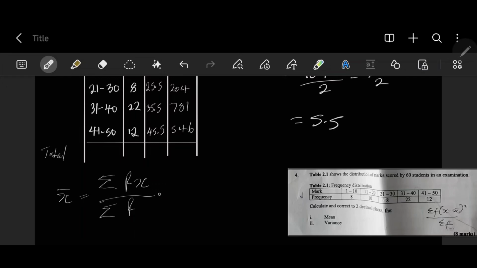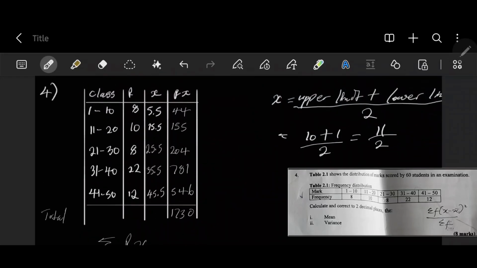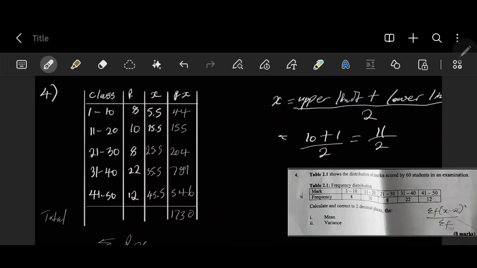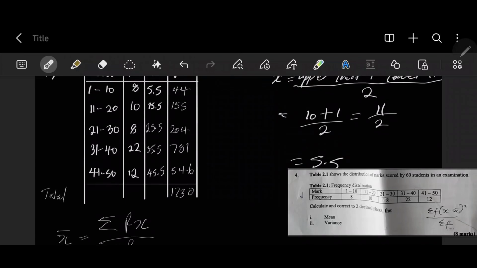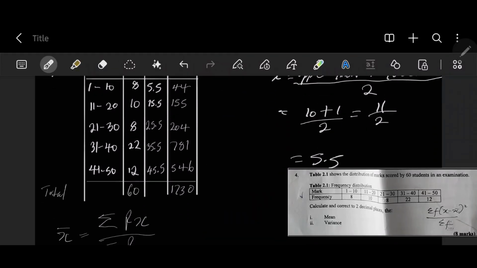The summation of fx is 1730. I got that by adding these numbers together. The summation of frequency, like I said, is 60. You can check that also.